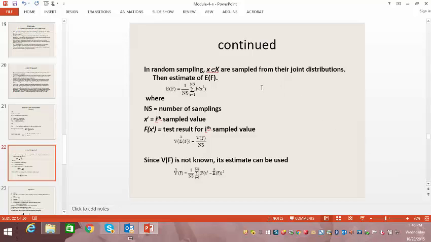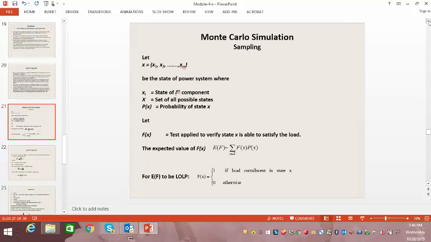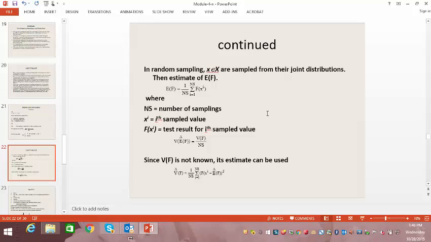So in random sampling, instead of considering all the states, remember that in this function you are trying to find the probability of all the states which cause loss of load. So in random sampling, you try to find an estimate of that function instead of computing it completely.